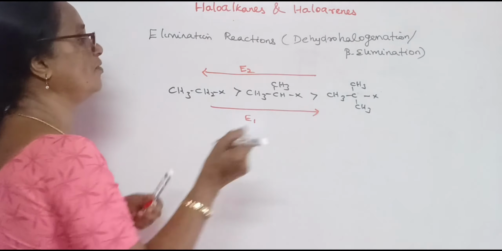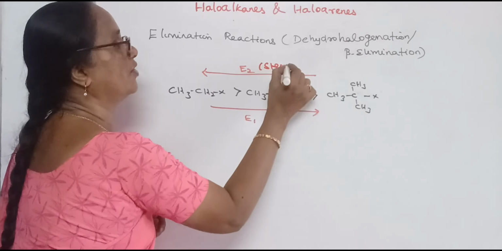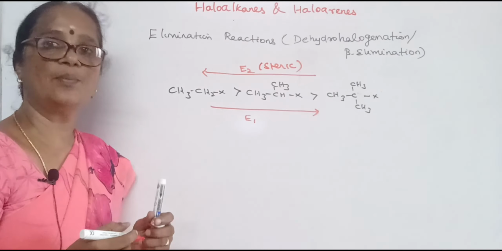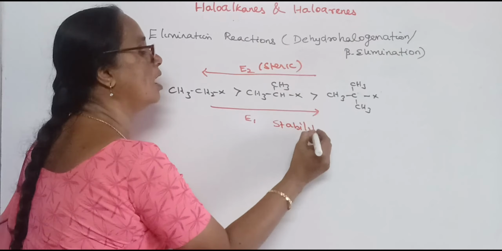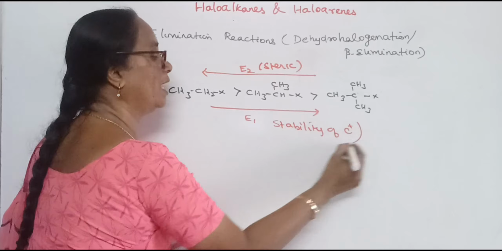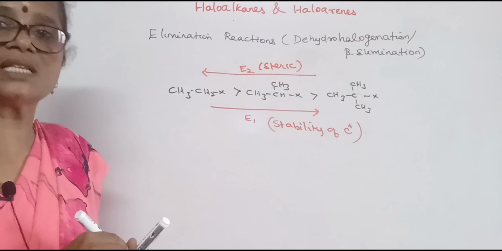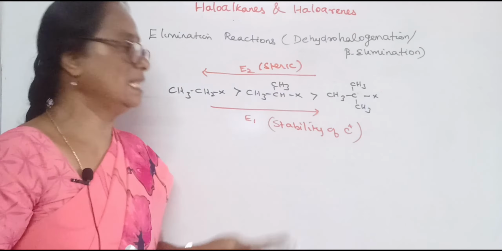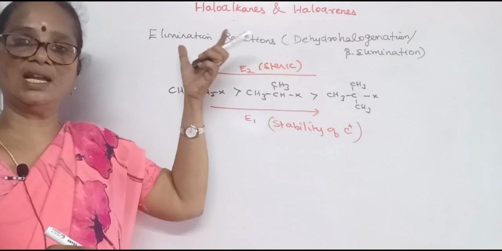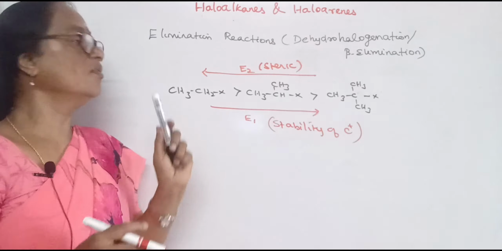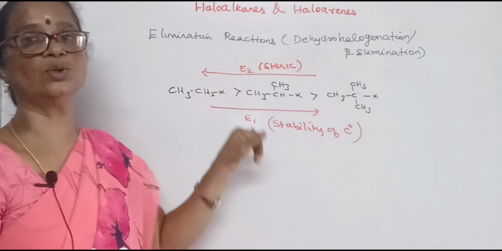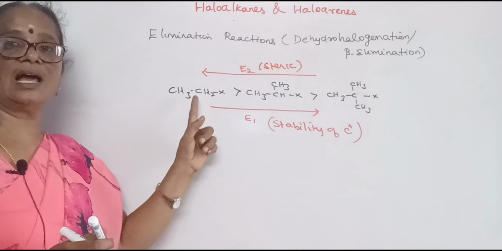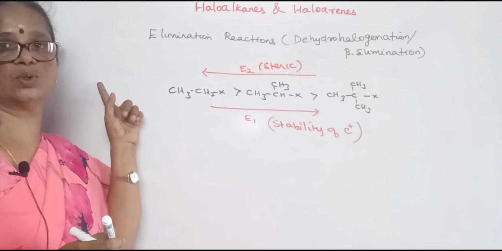In this direction we are discussing the steric effect, and in this direction we are discussing the stability of the carbocation, because carbocations are formed as an intermediate in the course of the E1 reaction. The same thing can be taken for substitution reactions, where this is SN2 and this is SN1. But in substitution, besides ethyl halide, we will take the methyl group also.